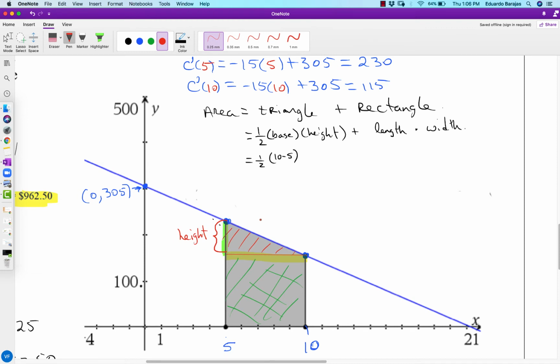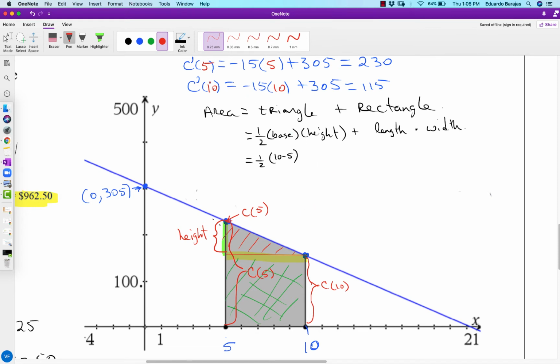And I'll be able to find it by evaluating this point, which would be the C sub 5, right? Or the height from 5 up to there. Okay, let's be clear. Let's say this whole height there is C sub 5, whereas this height here is C sub 10.